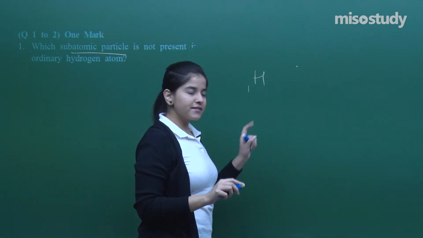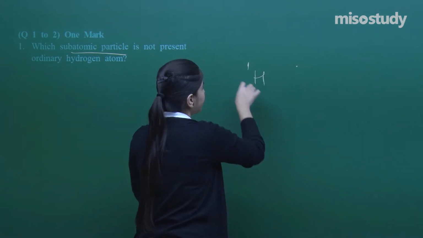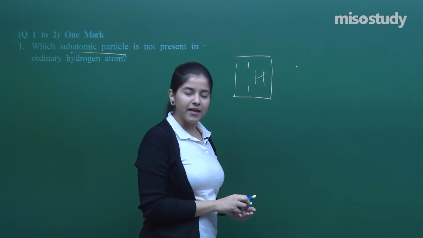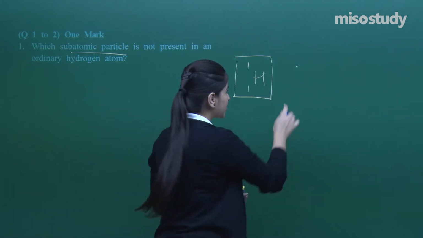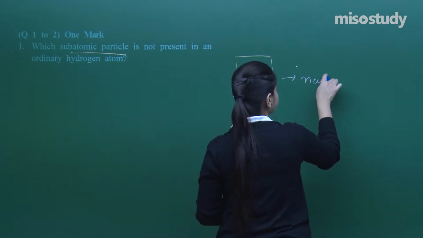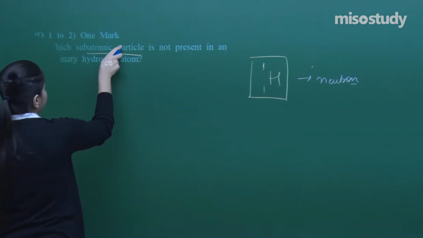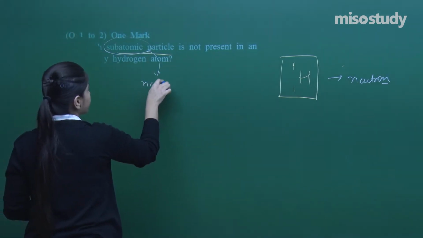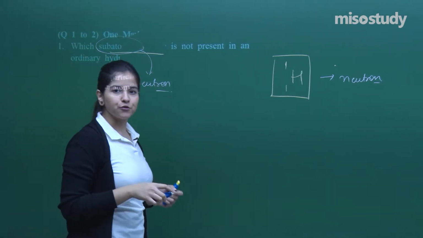So that means 1 electron, so the proton will be equal. And that is what the hydrogen atom is. This lacks one thing in the nucleus, which is the neutron. So the subatomic particle missing here is the neutron.